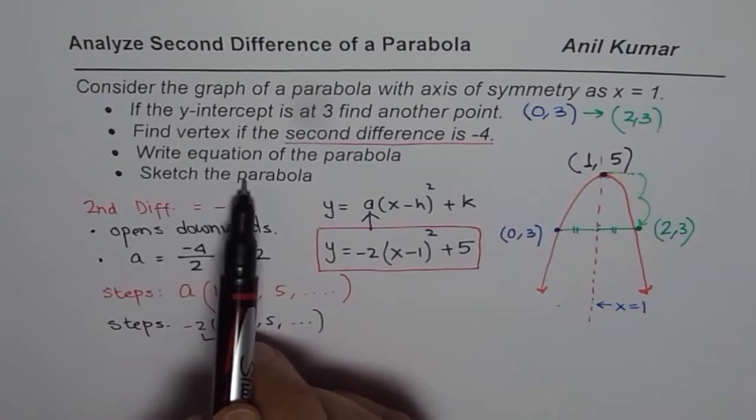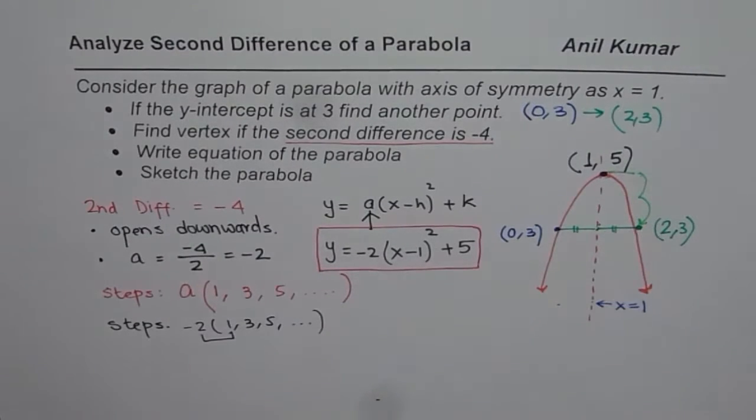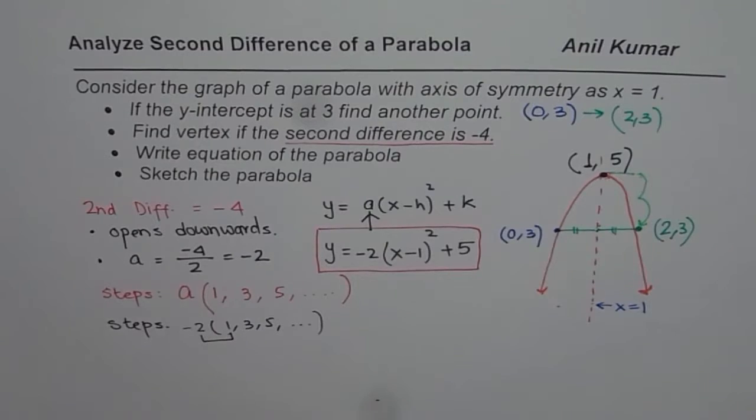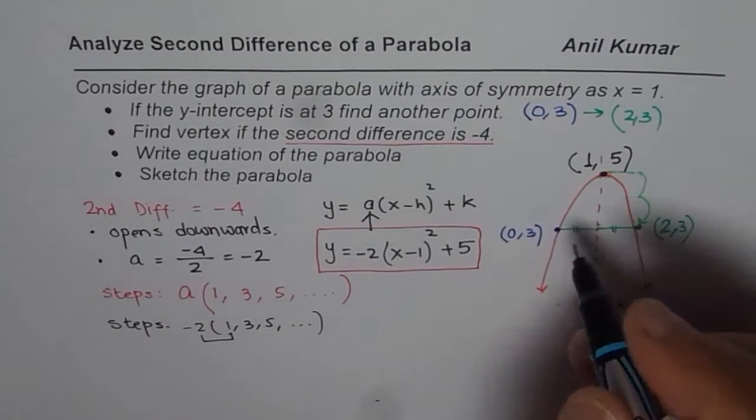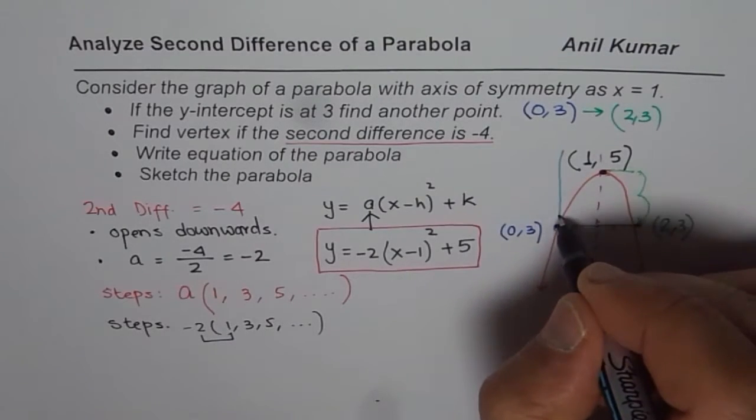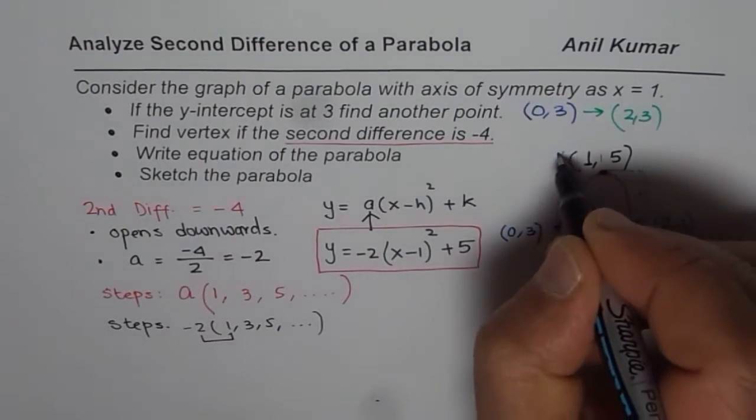Then sketch the parabola. The parabola is almost there. You can actually plot these values on graph paper and sketch. Perfect. Now, since I know this is my y-intercept, I'll complete my graph. I'm not showing you the axis.